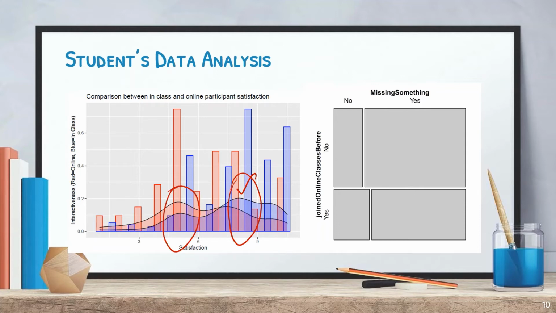We can also see those students who did online classes before, yes, and those who did not, no. Students who did not do any online classes before missed out on a really big chunk when it moved to ERT. You can see that they were not that satisfied.